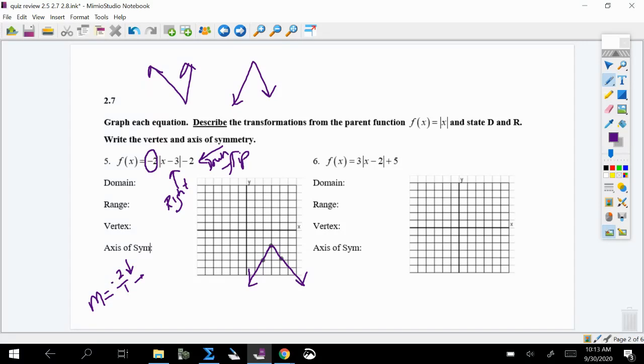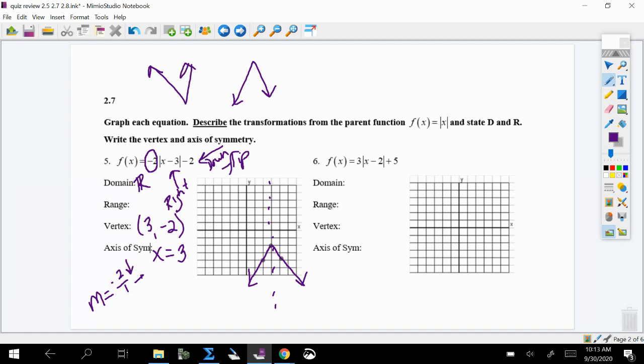But then we have my vertex, which I'm going to write down, is (3, -2). My axis of symmetry is always x equals whatever your x value is. That's the line that splits it equally. I'm not going to talk a ton about domain and range in the quiz, but I do want to mention that your domain for every absolute value is always all real numbers because it goes forever to the left and forever to the right.